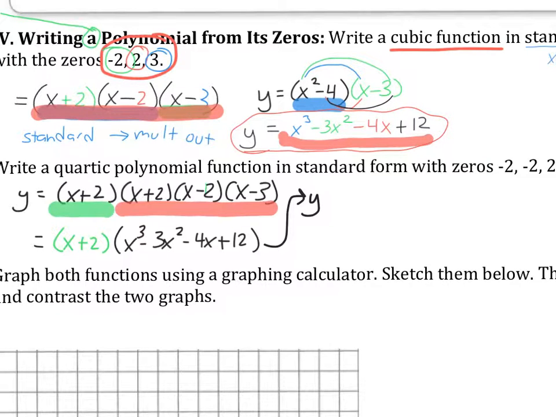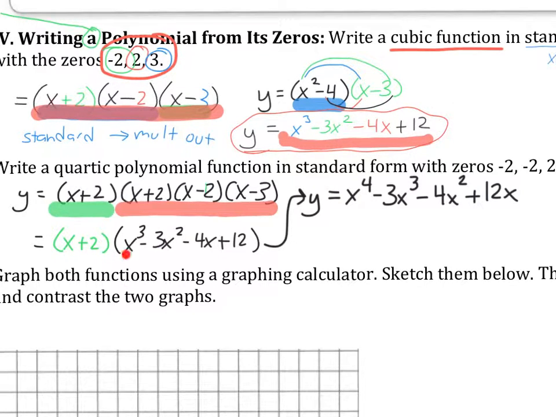So y equals x to the 4th minus 3x cubed, minus 4x squared plus 12x. So this x distributed to each term.